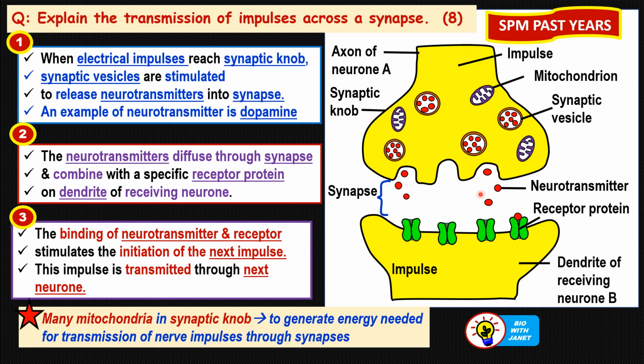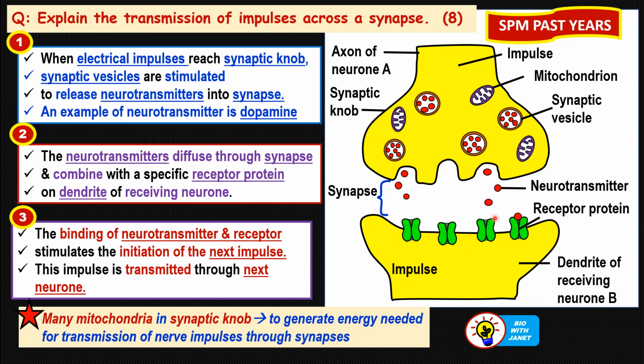Now, 1 tick is about 1 mark. So number 2, the neurotransmitters have been released into the synapse, and they diffuse through the synapse to the other neuron. They must combine with a specific receptor protein found on the membrane of the dendrite of the receiving neuron.